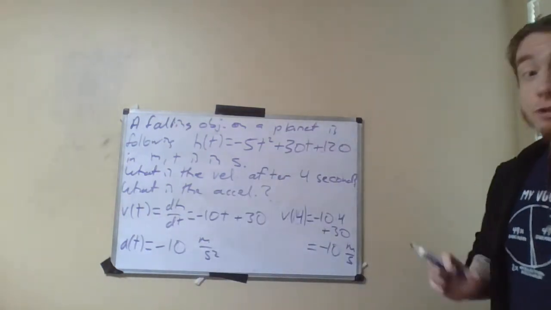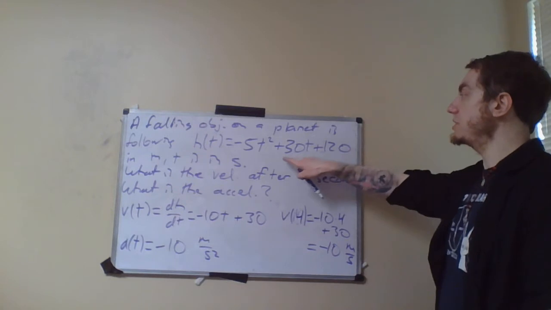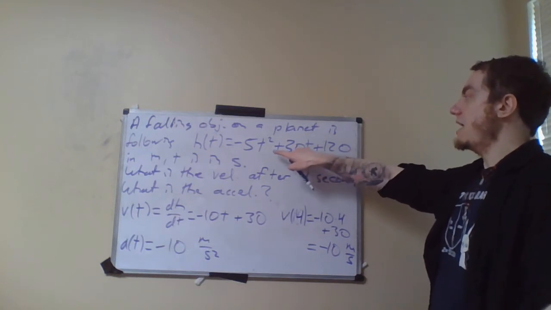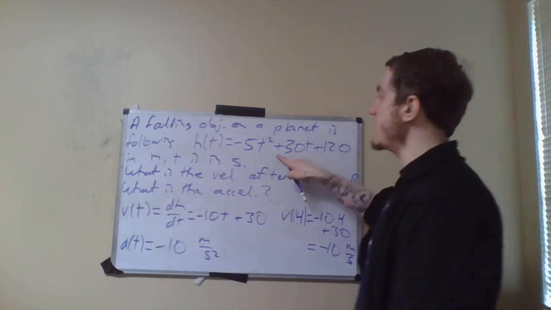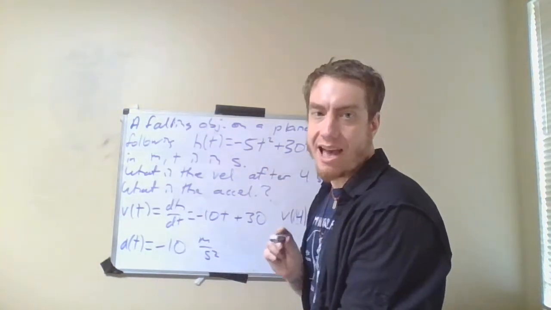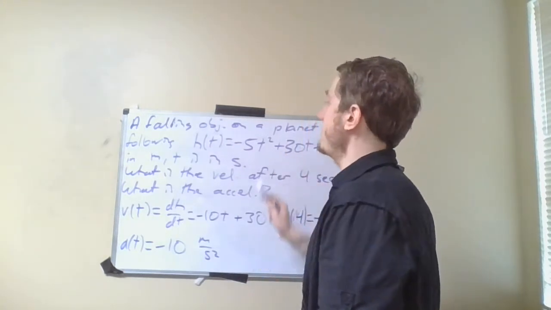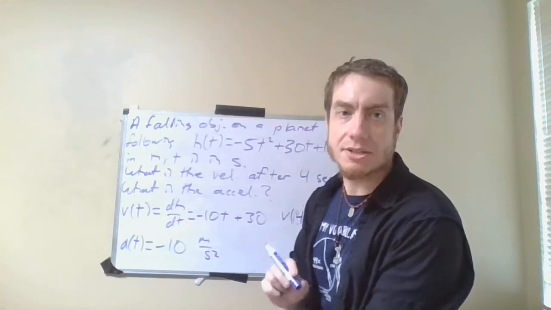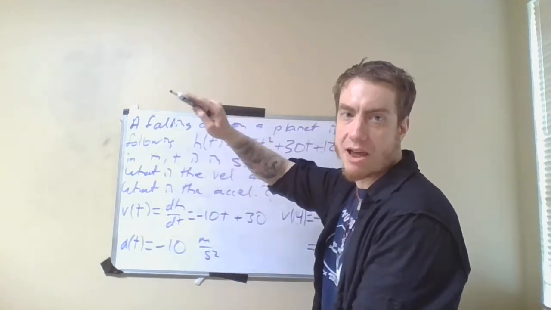Now, actually, one of the things that you may observe is that if your position function is following a quadratic, like it is in this example, then the acceleration is always going to be a constant. Why is that? Well, think about it. The second derivative of a quadratic is automatically constant, because every time I take a derivative of a polynomial, the degree goes down by 1.